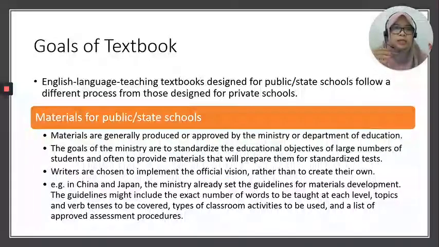At that time, the value that the ministry's guideline gave us was that the names of the characters in your book must be not only from Java, but also from other tribes, like from Bali, Sumatra, Kalimantan, and others.